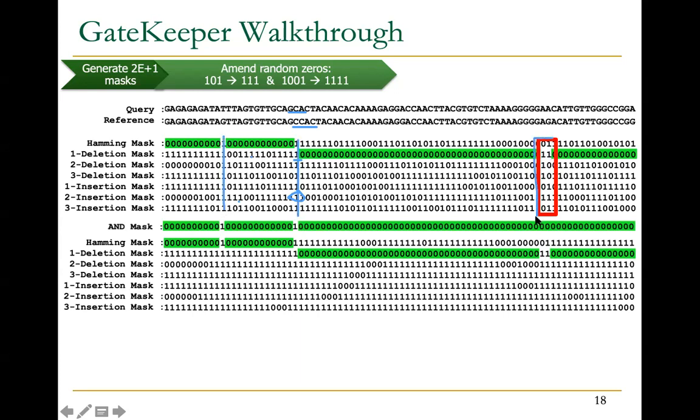But here, we have the zeros, right? And if we look at these zeros, normally they are short, like a single zero. Maybe here we have a bunch of zeros. Here, a single zero, right? So we said, okay, let's try to switch them ourselves. Let's try to convert all these short segments of zeros into ones so that we can cancel the effect of these, we call them random zeros in the vector.